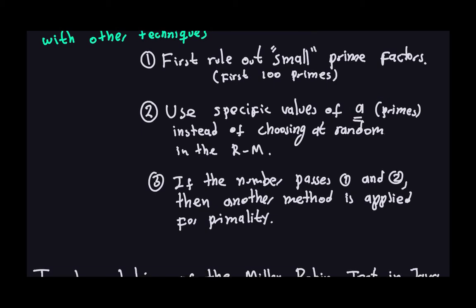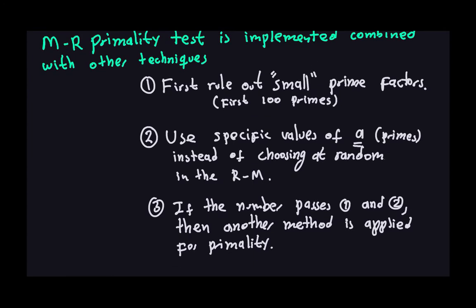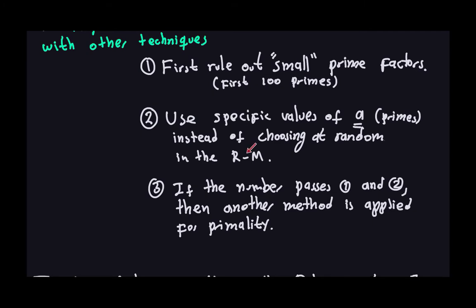And if you were to implement this in a programming language, you will do steps 1 and 2. So you will rule out the first primes, and then you will use the Miller-Rabin primality test. And also, once this test tells you the number is likely a prime, then you will use another method for primality.